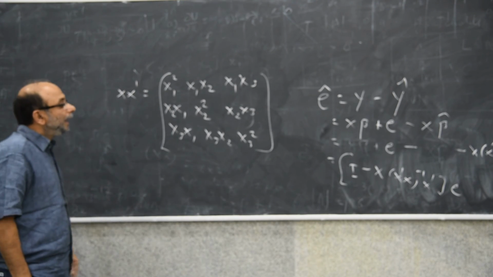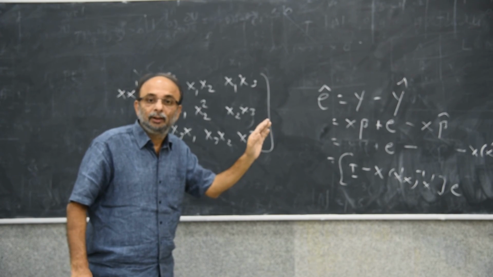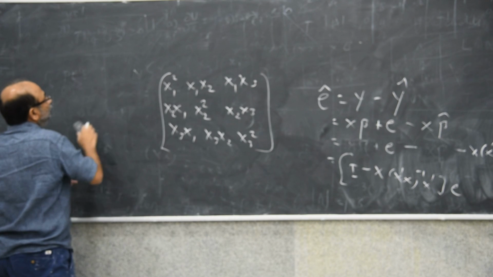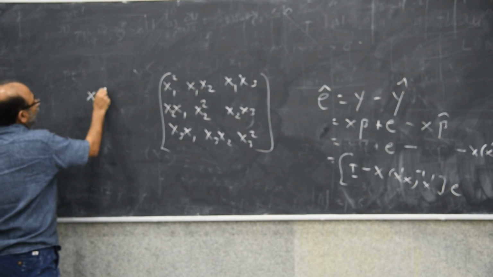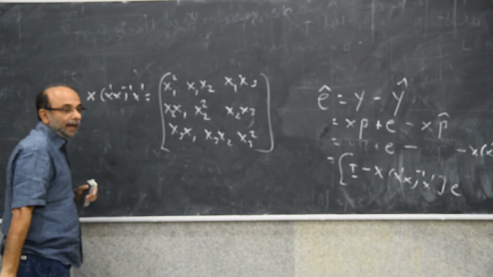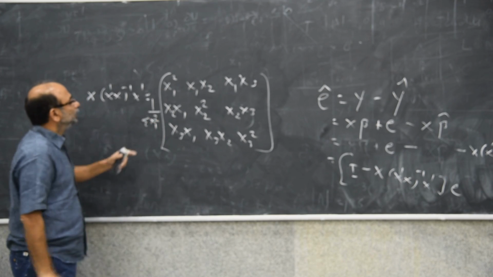We want x dash x inverse x dash. So that is going to be 1 upon summation xi square.